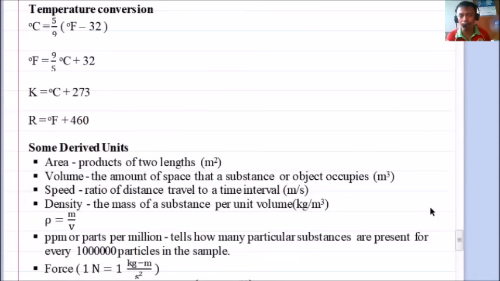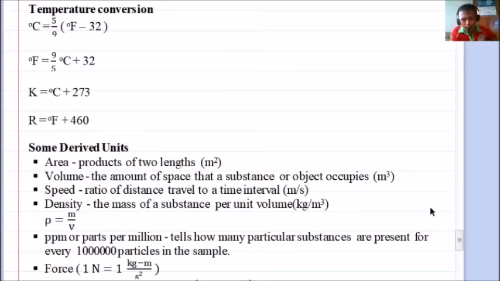Pag galing ng Fahrenheit papuntang Rankine, you will have plus 460. So, ito na lang po muna yung gagamitin natin para mas madali po natin i-convert.